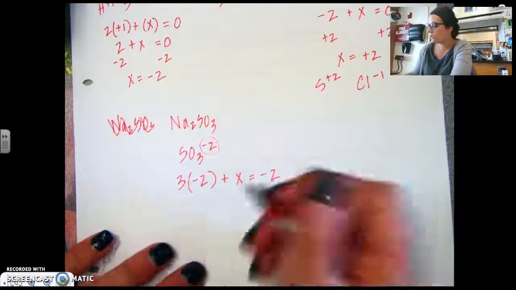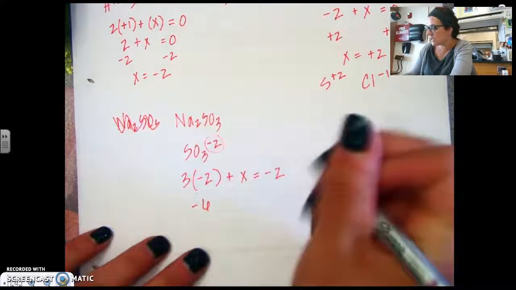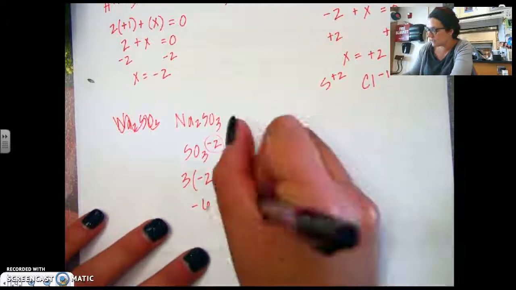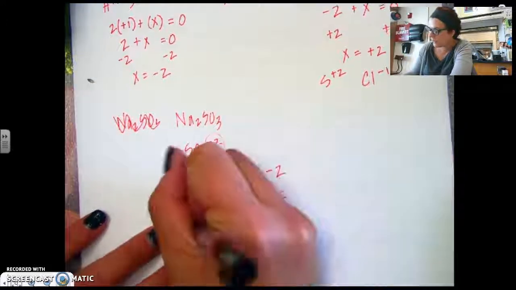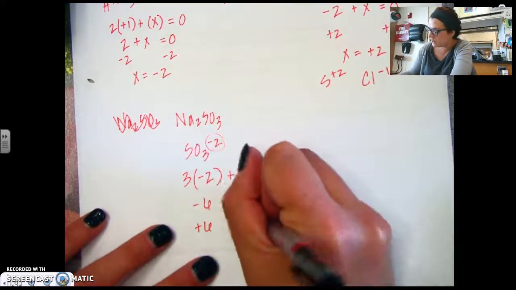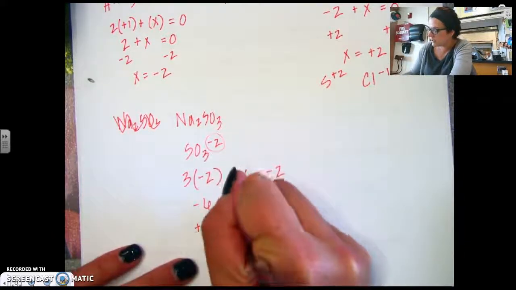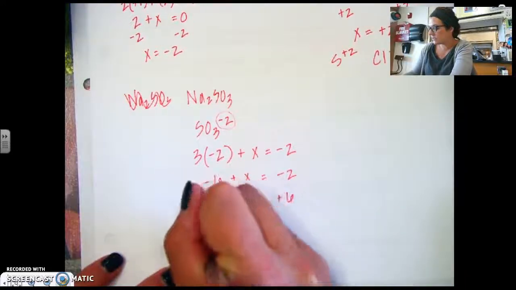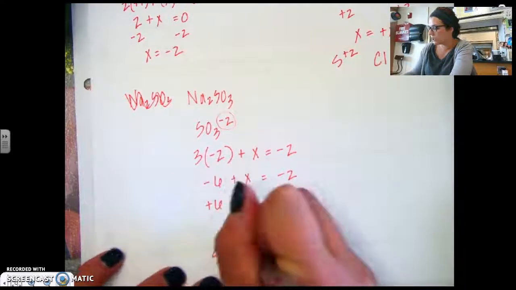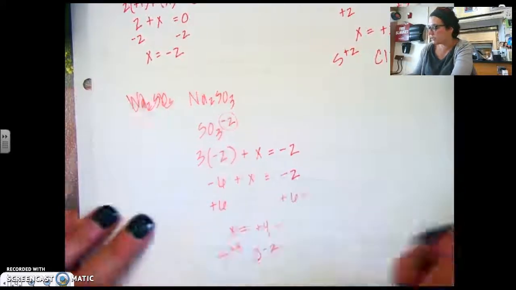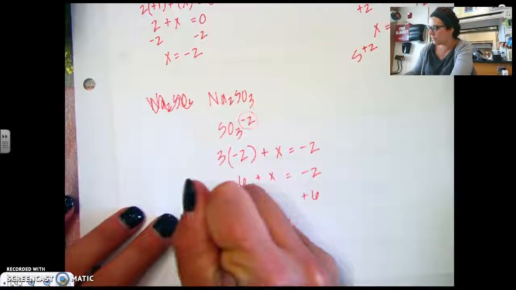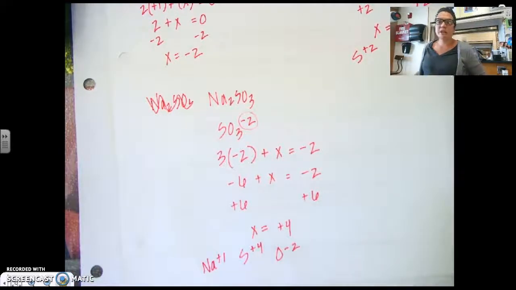So 3 times -2 is -6, plus X is equal to -2. If I add 6 to both sides, X is going to be equal to +4. So in this case, sulfur is a +4 charge, oxygen is a -2, and then sodium is my +1. So that's how you do those types of problems.